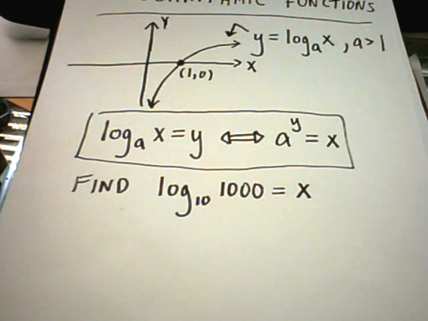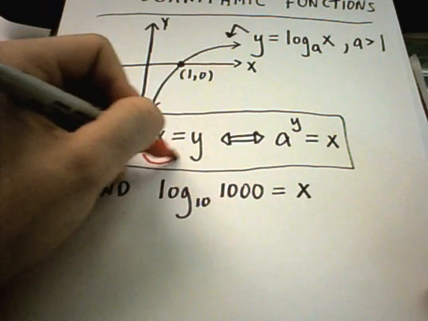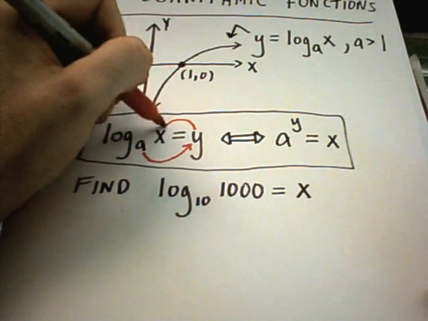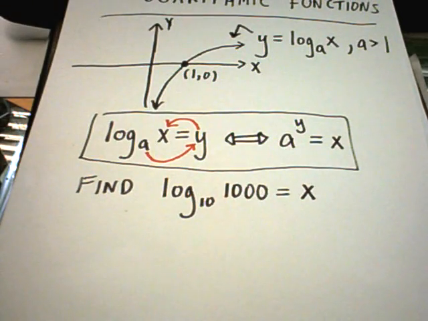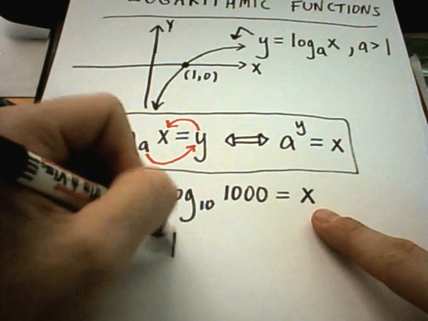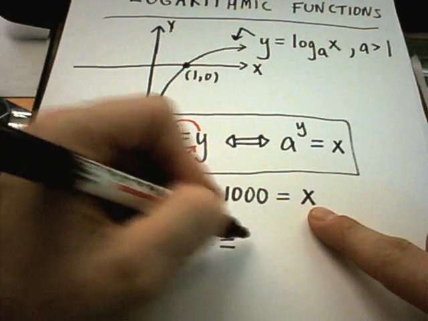But notice this pattern going from a logarithm: if you take this base a and raise it to that power y, you'll set it equal to x. So equivalently, I can rewrite this as 10 raised to the power of x equals 1000.